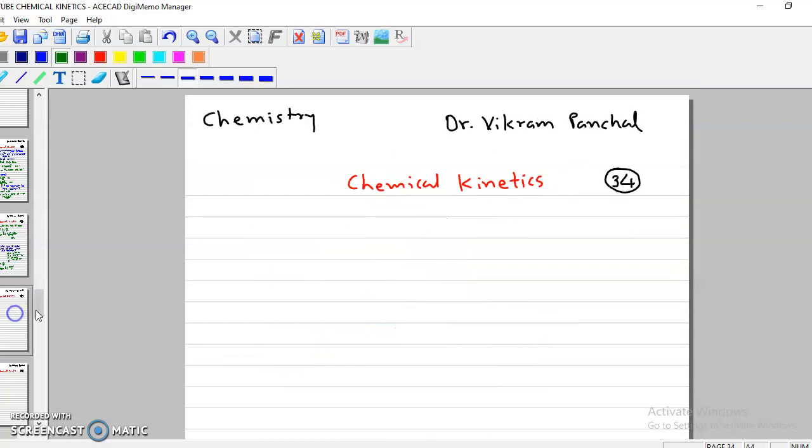For that we will have to change the sides. We take 2.303 upon 30 into 60 to the side of K. So now we write log 0.25 upon C is equal to 5 into 10 raised to minus 4 into 30 into 60 upon 2.303.